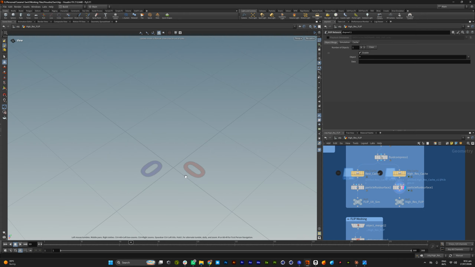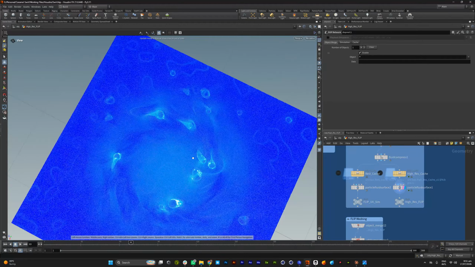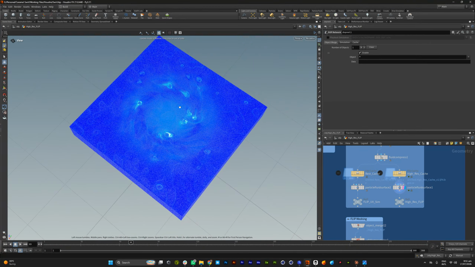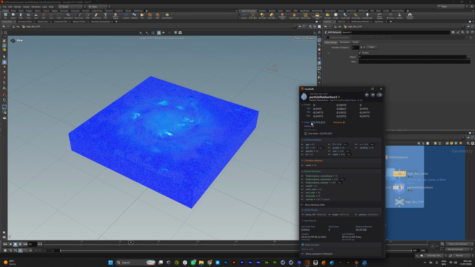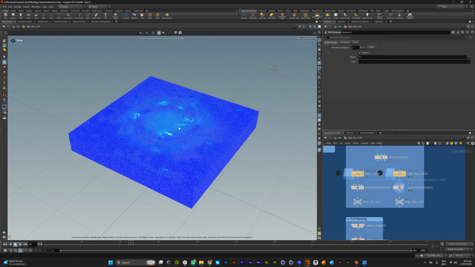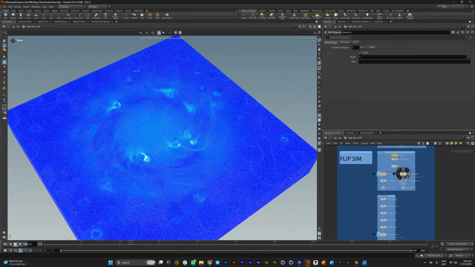So this was a big cache, and it took a while to cache. And this was about 123 million points. Yep, there you go, in all of its glory.